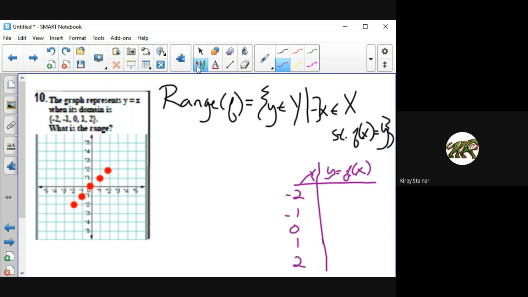So our function is y equals x. Let's evaluate y equals x for each of our x values.